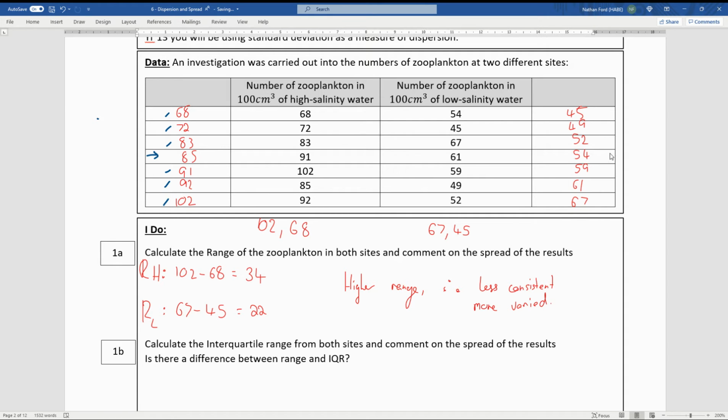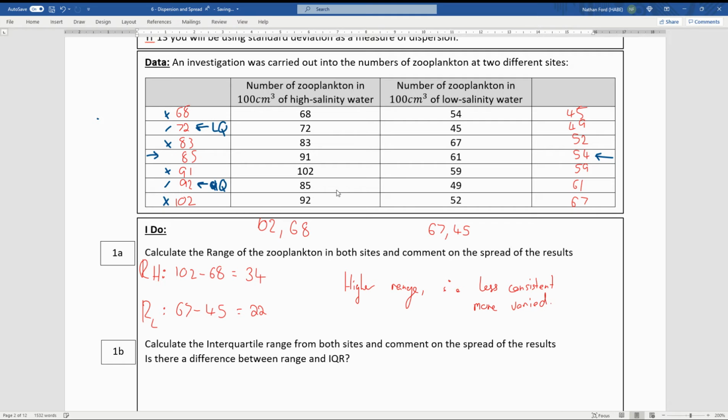This will be our median as well because they've got the same number of results. If we look halfway through, this one will be our lower quartile because it's halfway between these, and this one will be our upper quartile. You can see that because if I cross off here, this is the one remaining in the middle on the upper side, and on the lower side, we've got that one there.